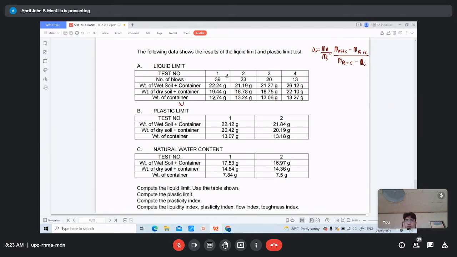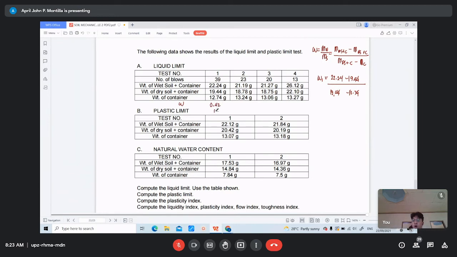First trial, siya ay 22.24 minus 19.44 over 19.44 minus 12.74. 0.42.